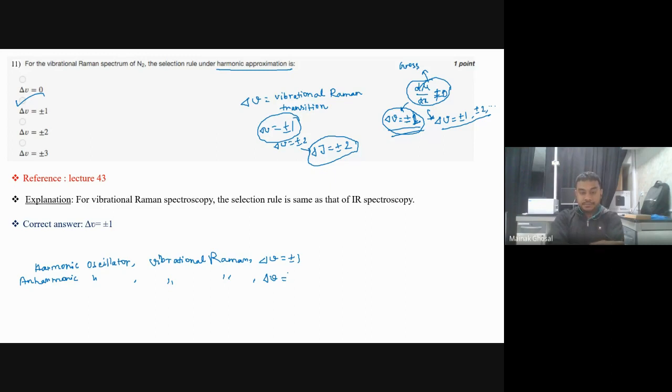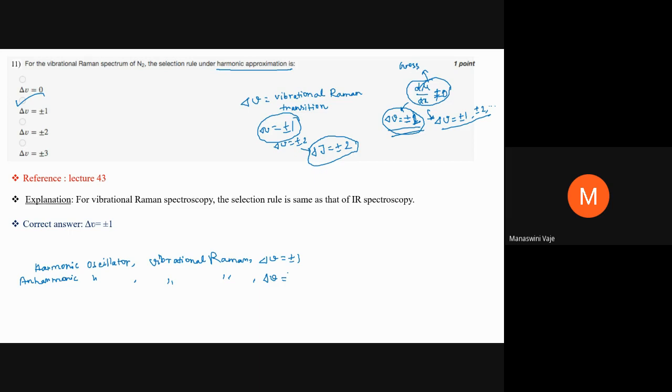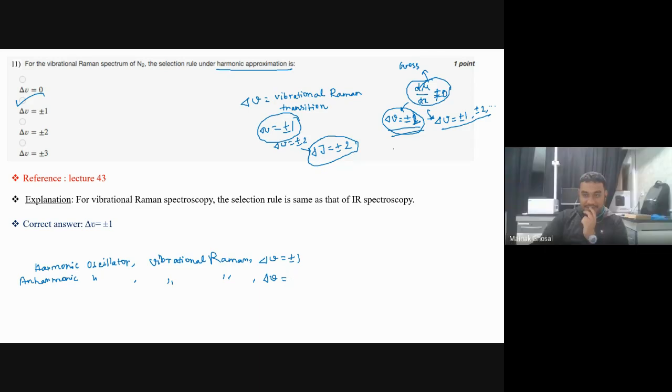In vibrational spectroscopy you will not get 0. Whenever you have learned delta V equals plus minus 1, 2, 3, 4.